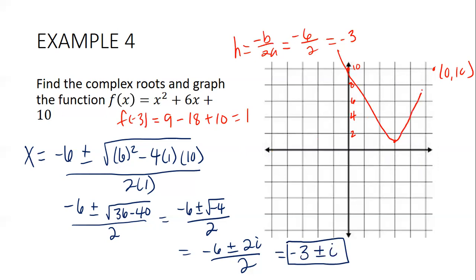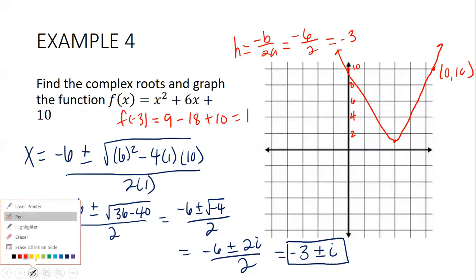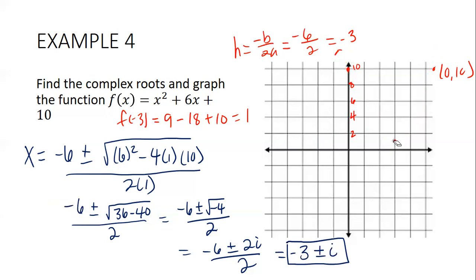There's my graph, that's fairly decent. I put the vertex at positive 3, 1. Pretend you didn't see that. I wish there was a way I could move it. Let me move it. Negative 3.